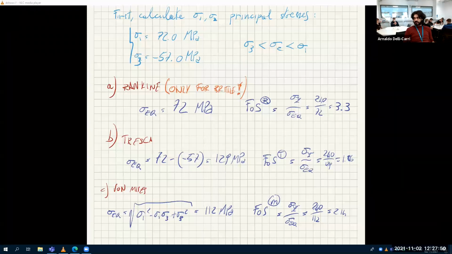If you find that the safety factor is 1.1 according to Tresca, and it's 1.3, say, or 1.4, according to von Mises, and the design specification said that the allowable factor of safety would be 1.3, then the design is up to specification for von Mises, but it's outside specification if you use Tresca.